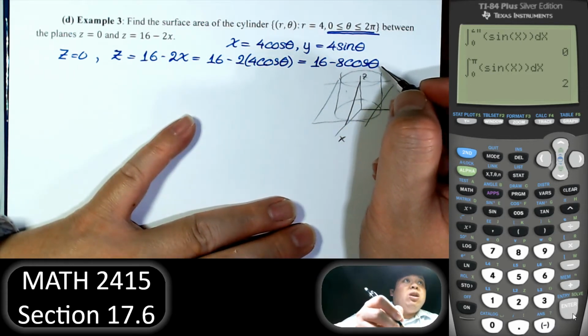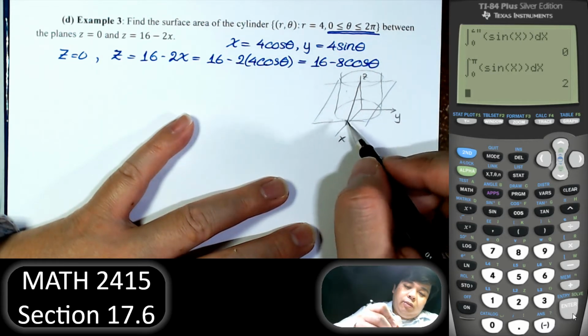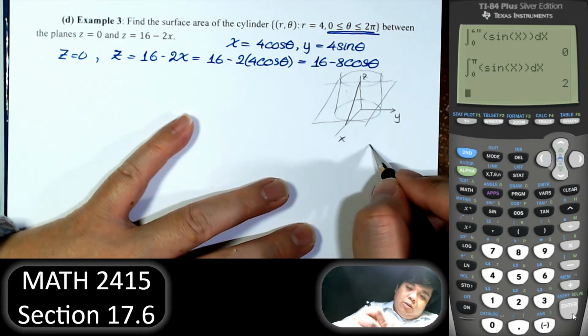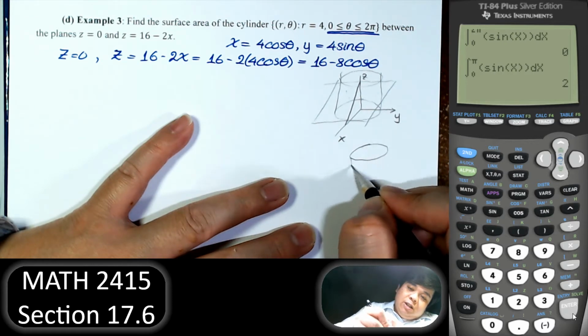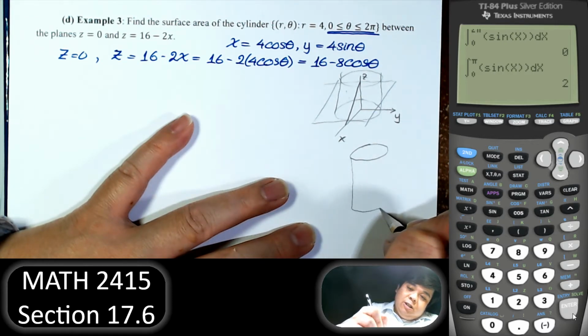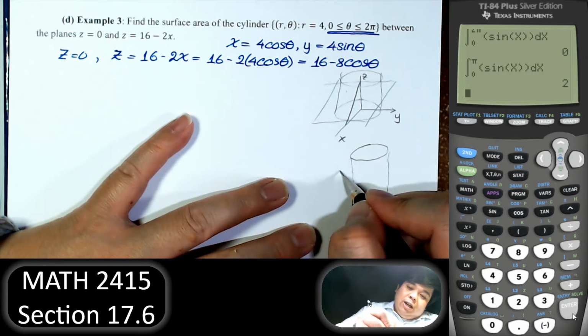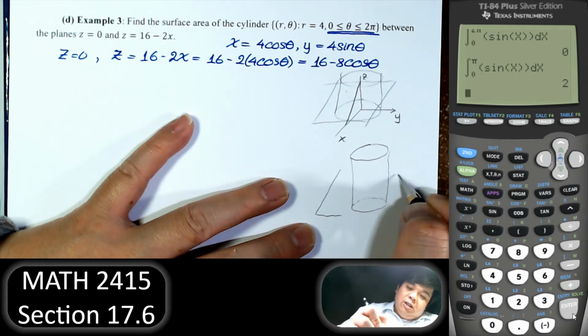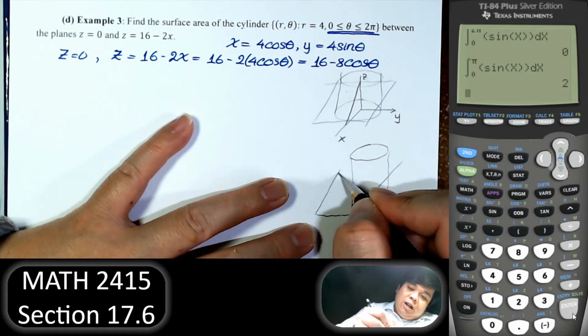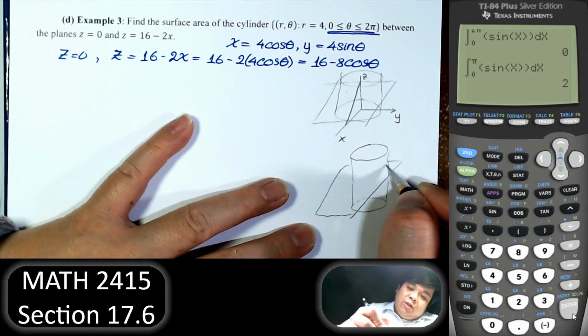So what does it actually look like? We have a cylinder and then a plane that cuts it at an angle like this.